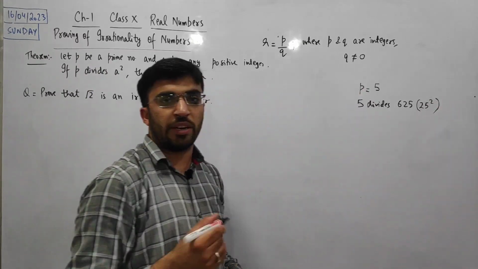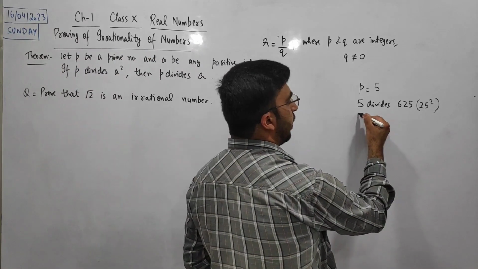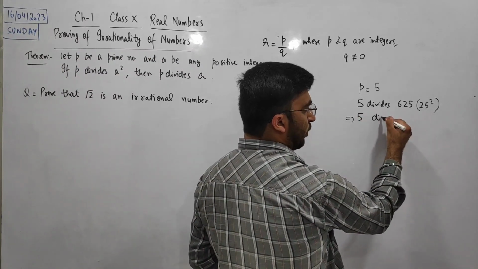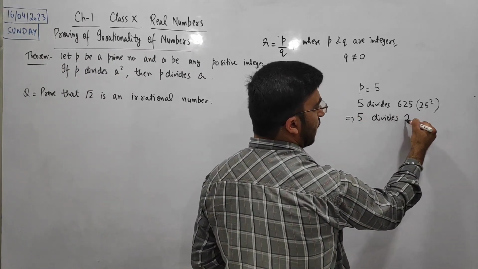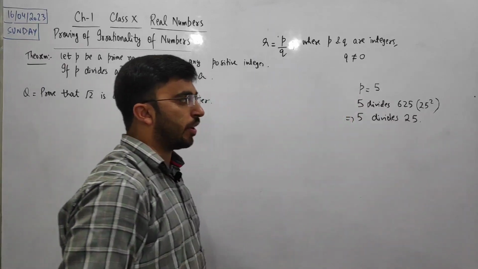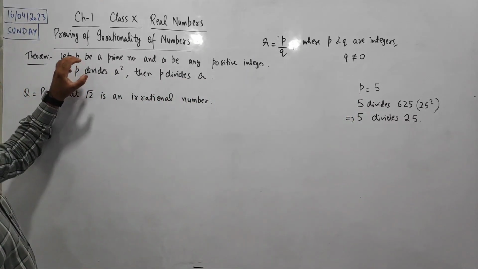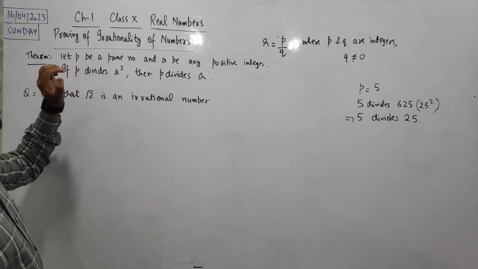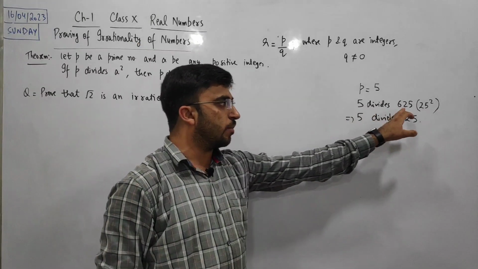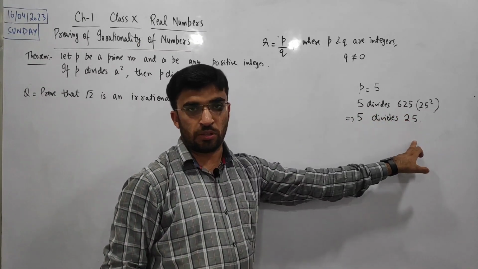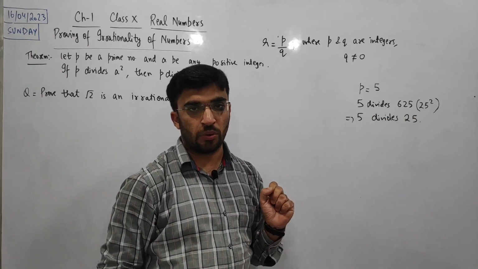So if 5 is dividing 25 square, will 5 divide 25 also? Yes, the answer is yes. It is dividing 25 also. So that's the theorem. If a prime number is dividing the square of any number, then it will divide that number also. So this fact will be used now in this question.